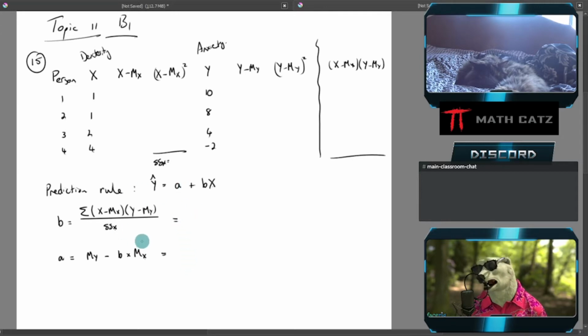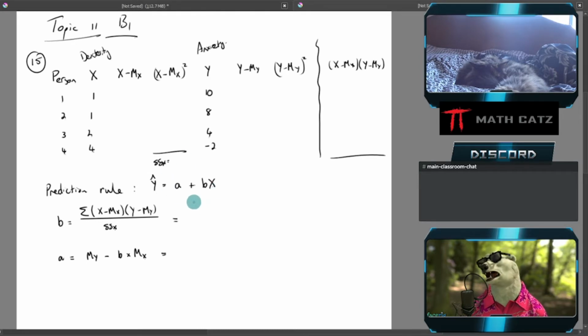Deriving why the formulas look like this is not really in the scope of this introductory series of videos, unfortunately. So our goal here is to just use the formulas to find the a and the b, and then we'll use this linear prediction rule.